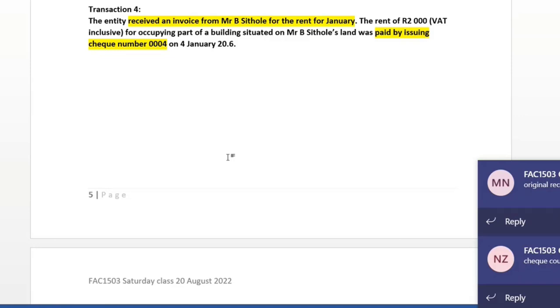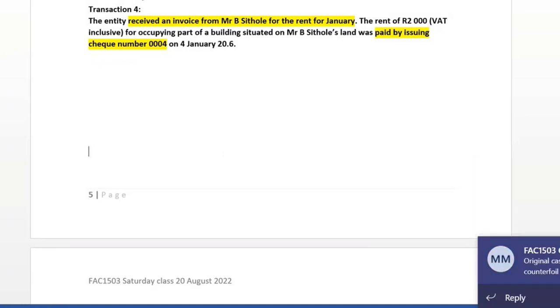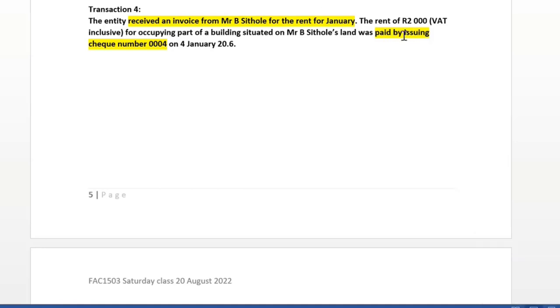What are the source documents? Nsuku is saying check counterfoil. Mpo is saying original receipts and a check. So, guys, please, you need to read the question properly. The entity BS Electrical received an invoice from Mr. Bisitole for the rent for January and paid by issuing a check.